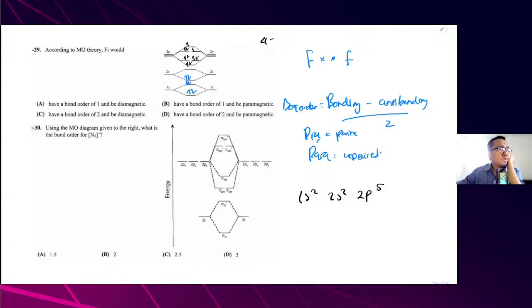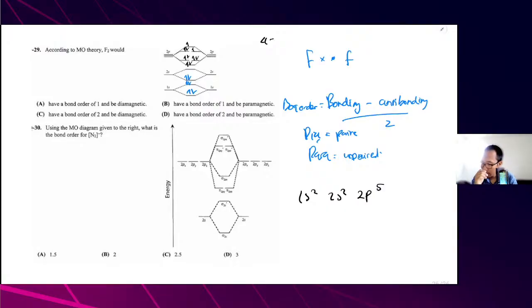One, two, three, four, five, six. 1, 2, 3, 4, 5, 6, 7, 8, 9, 10, 11, 12, 13, 14. Oh, 14. Nine, right? 9. 2p5, right?